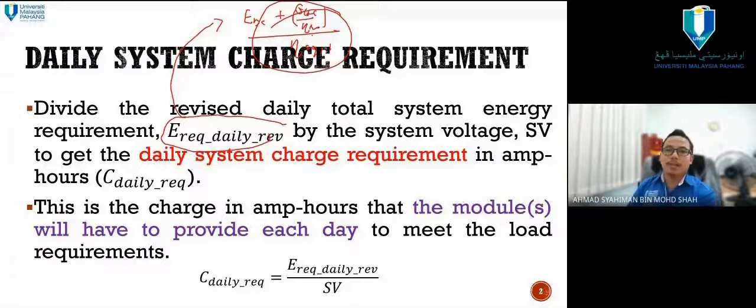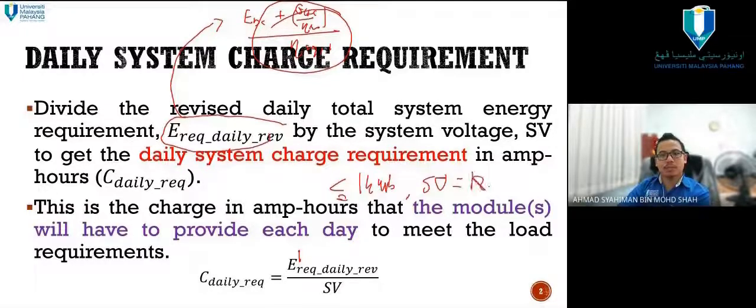If our load is less than 1 kilowatt hour, then the system voltage is enough at SV 12 volt. Okay. If more than 4 kilowatt hours, so 48 volt. So all that we get here is divided by the system voltage.